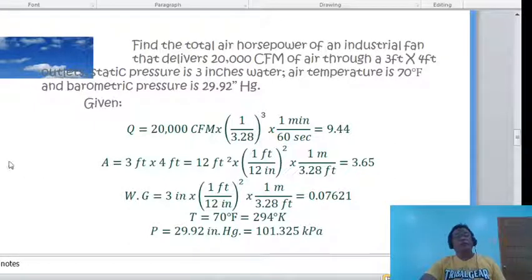Water gauge, changing 3 inches, that is equivalent to 0.07621 meter. Changing now 70 degrees Fahrenheit to Kelvin, that is 294 Kelvin. And of course, 29.92 is a standard pressure, so that is equivalent to 101.325 kilopascals.